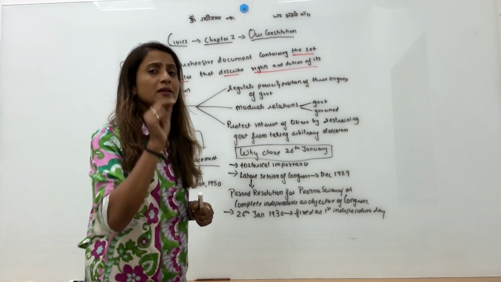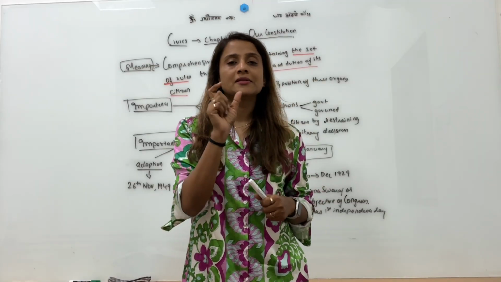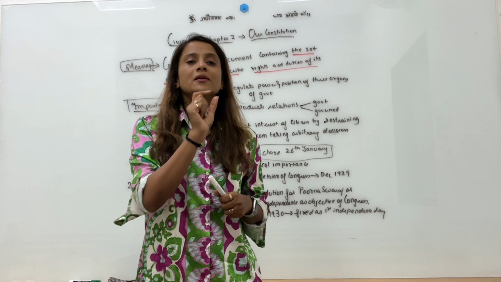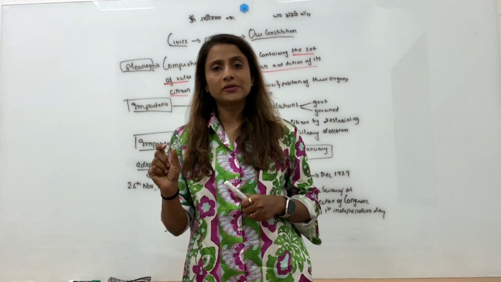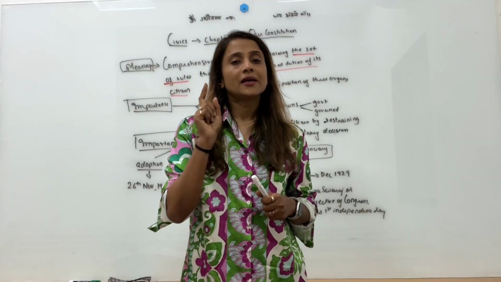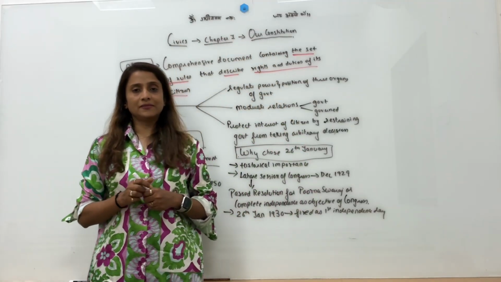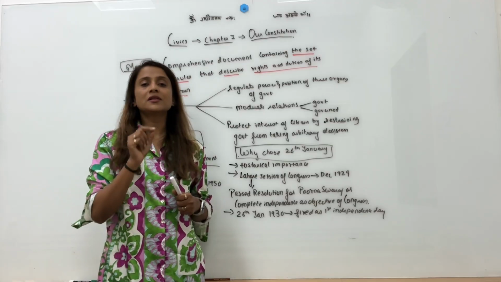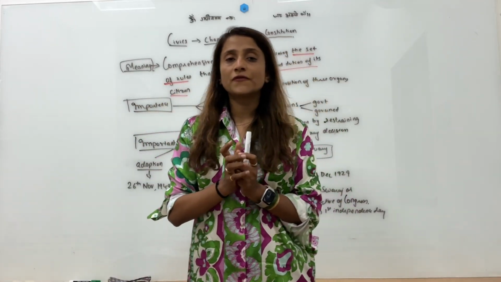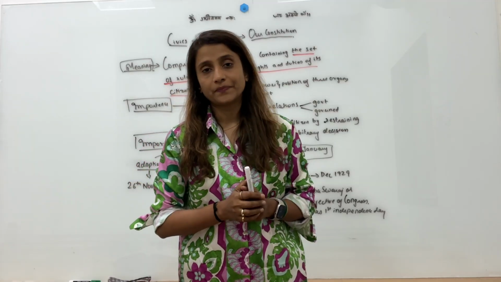So repeat again, what is the constitution? A comprehensive document containing a set of rules describing the rights and duties of the citizen. You all need to know this definition very well, word to word.